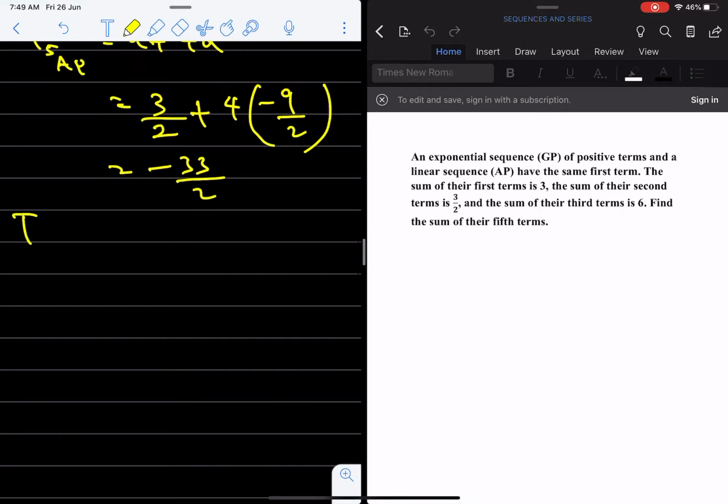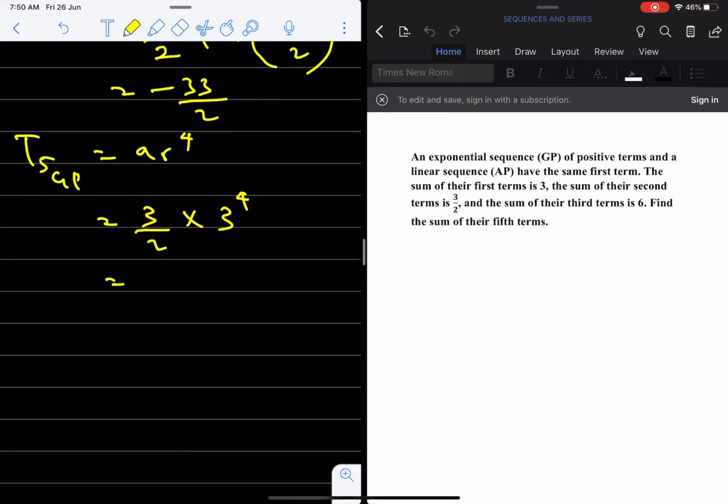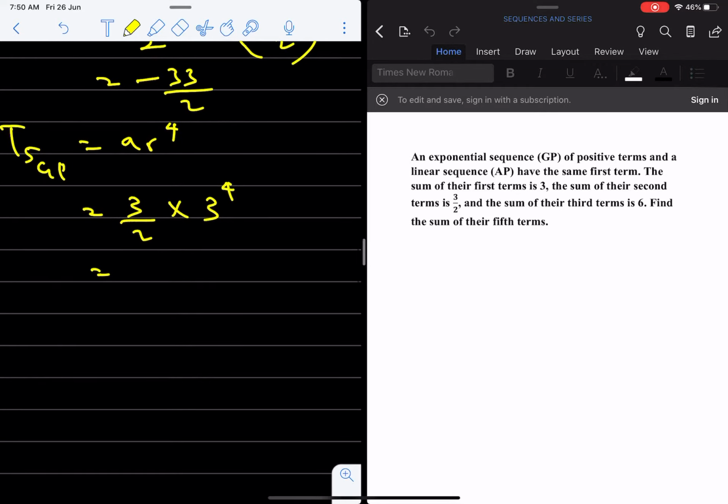And the fifth term of the GP is AR raised to power 4, and that's 3 over 2 times 3 raised to power 4, which is 81 times 3, 243 over 2. We've got to be sure that's correct. Okay, that's 243 over 2. I think I'll just leave it as 243 over 2.